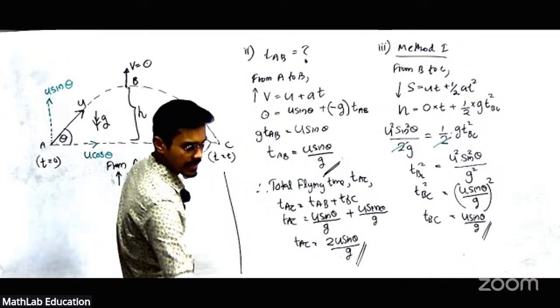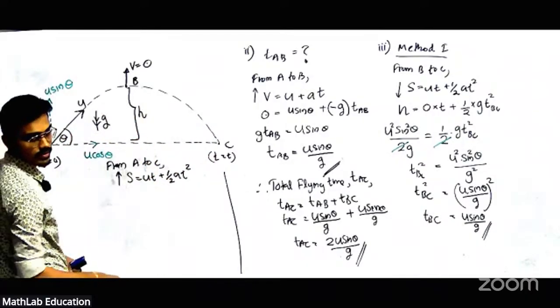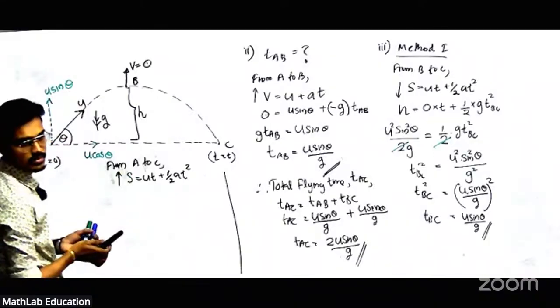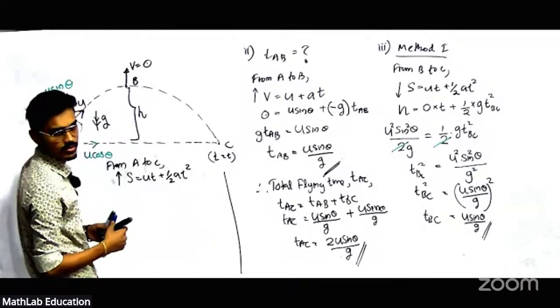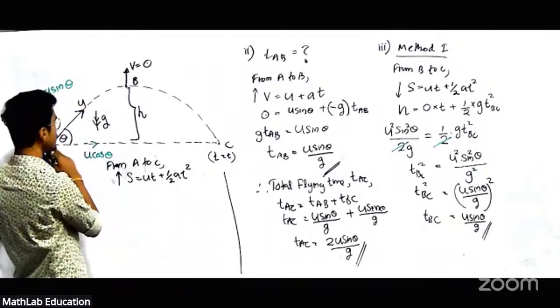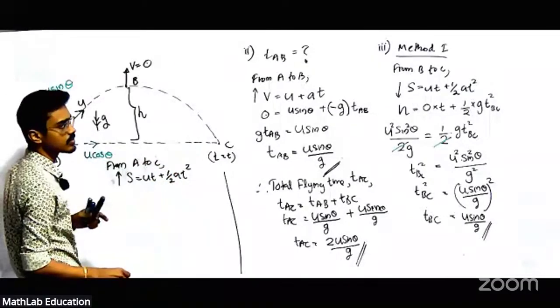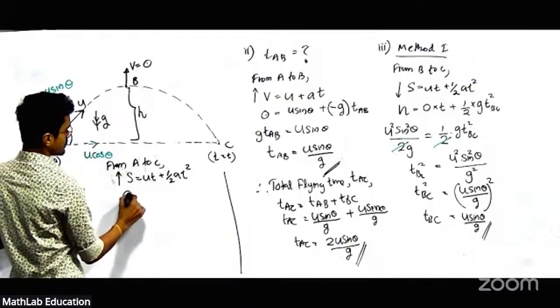Vertical displacement is 0. Vertical distance is 2h, but vertical displacement is 0. Right? There is no vertical height difference between A and C. Not a new thing.